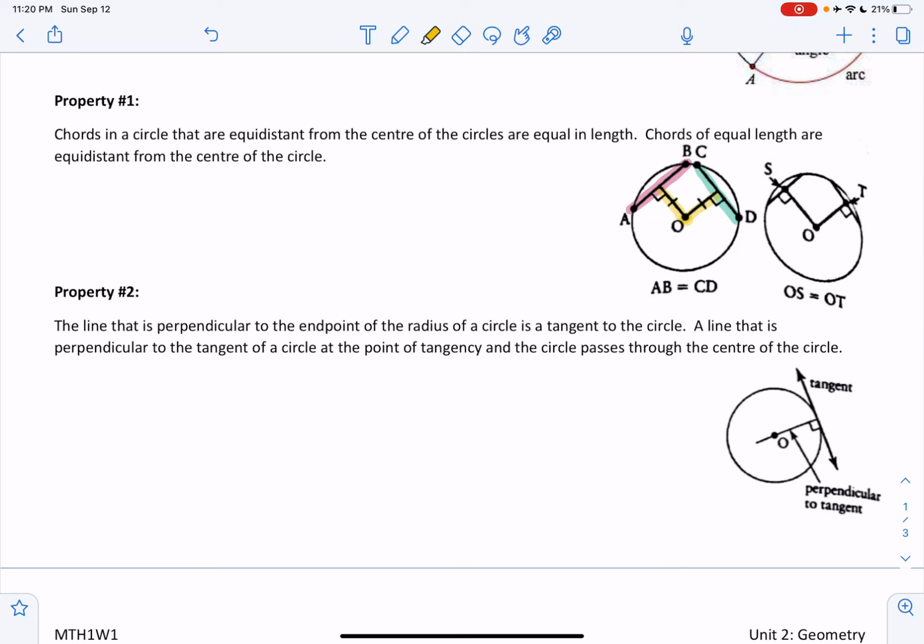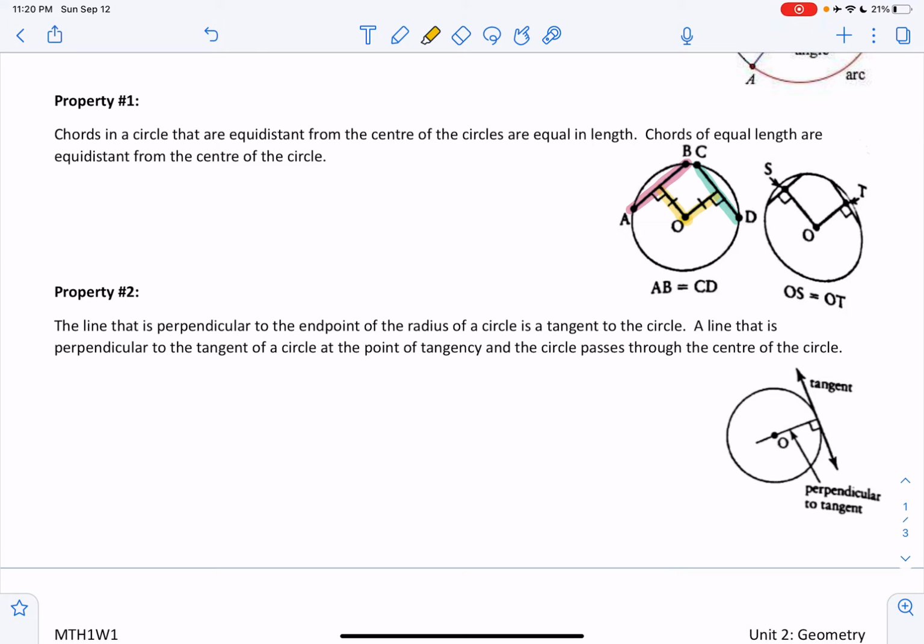So if my pink chord is the same distance away from the middle of the pizza as my green chord, then the chords have to be the same length, no matter what. And this is because we're working with perfect circles. I know these diagrams got a little squished.